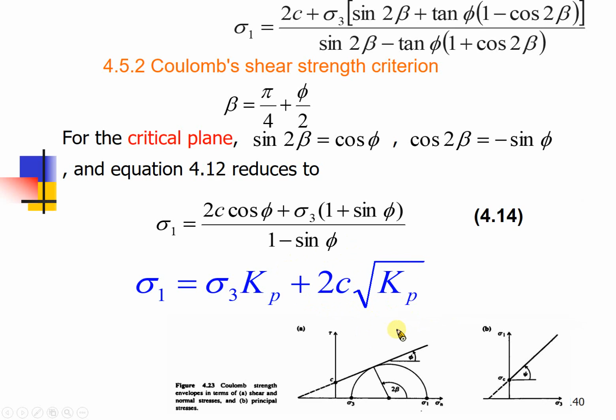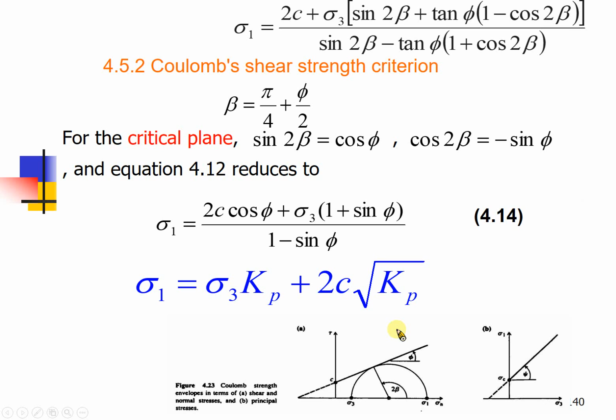So that means you can freely interchange the failure criterion from the sigma n tau space to the sigma 3, sigma 1 space. Understand? They will be the same. In soil mechanics, we always express the failure criterion with sigma n and tau, but you can very easily interchange it, converting this failure criterion from sigma n versus tau to sigma 3 versus sigma 1. Okay?